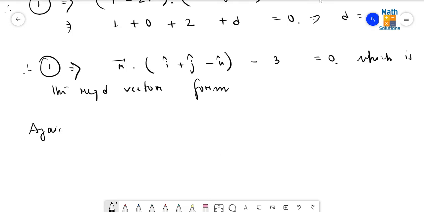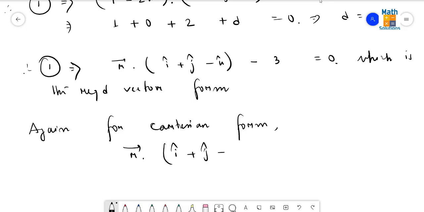For Cartesian form, we can write what? Vector r dot i cap plus j cap minus k cap minus 3 equals 0.